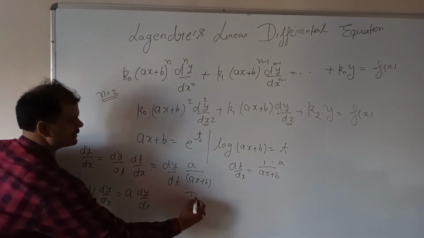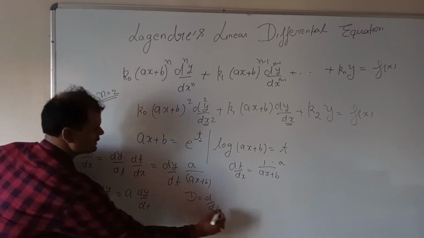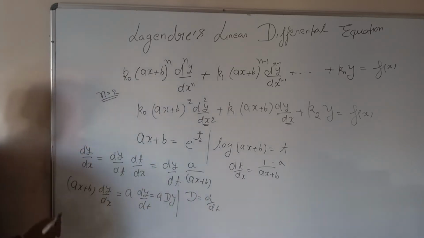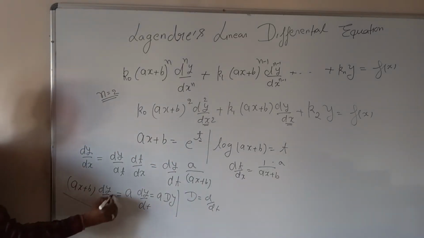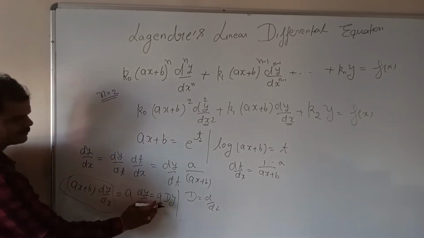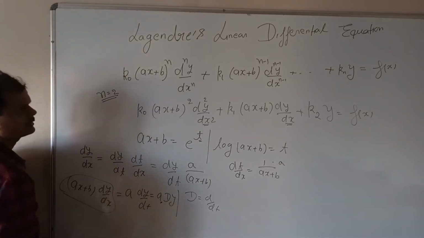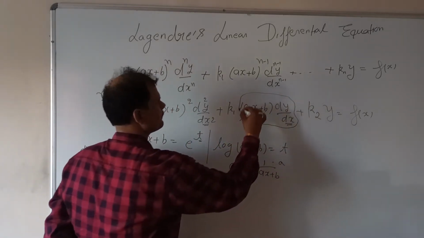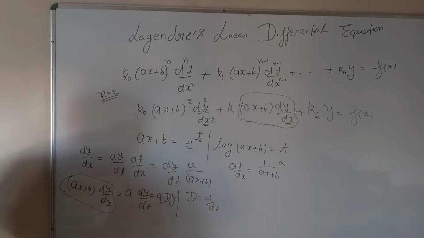If capital D equal to d by dt, so this is a D y. Fine. So here (ax plus b) dy by dx, with variable coefficient, equal to a into D y. a is the constant, so this part we have done with constant coefficient.